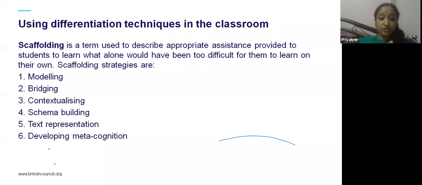Contextualizing means providing them some verbal context or some analogy to associate what they're learning to an existing experience. And this can be done with many things. It could be done with realia, with an illustration, an example. The next one is schema building.